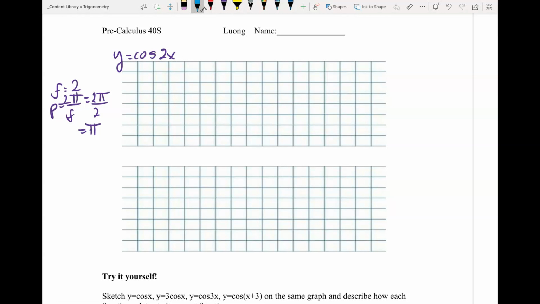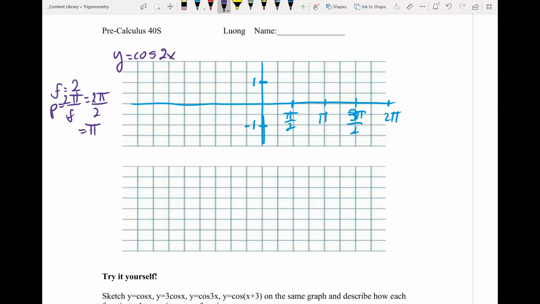So I'm going to start off by drawing my x and y axes first. I can draw it in the same increments. There's no change to the amplitude, so your maximum should still be 1 and -1.